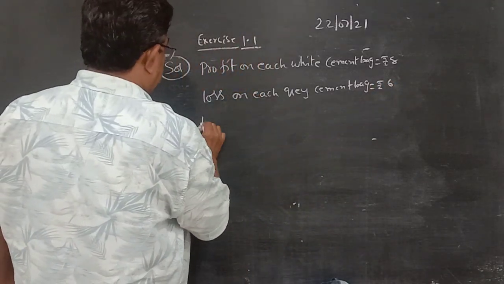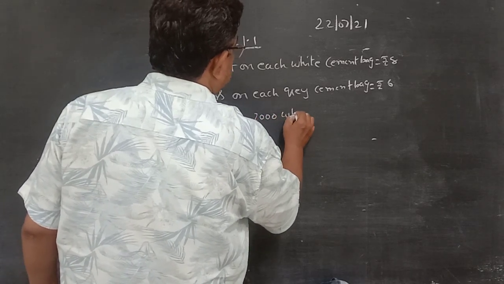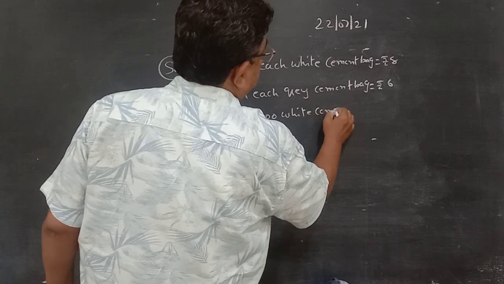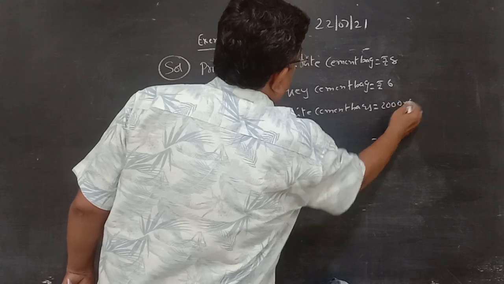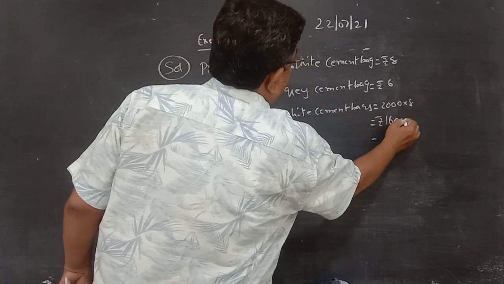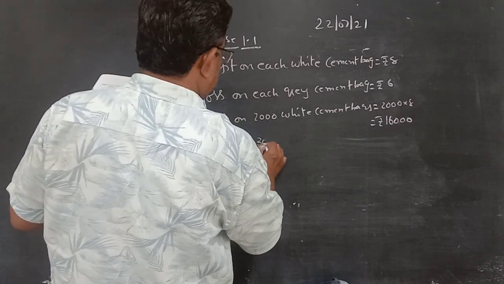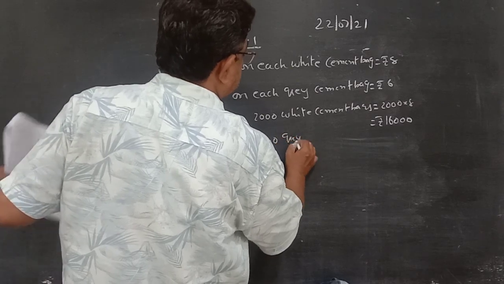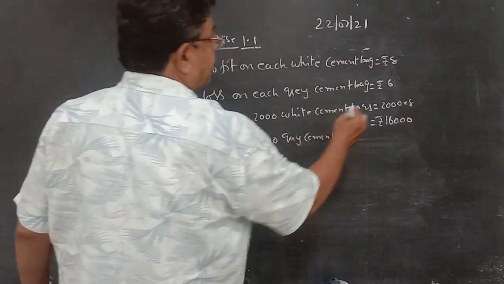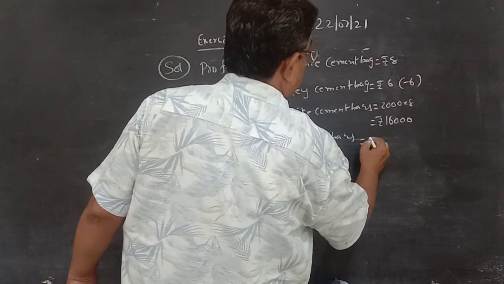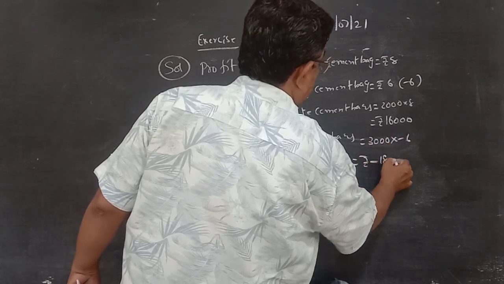Profit on 2,000 white cement bags is equal to 2,000 into 8. It is rupees 16,000. Loss on 3,000 grey cement bags is equal to, as it is loss, you can mention that as -6. 3,000 into -6, because it is loss, rupees -18,000.